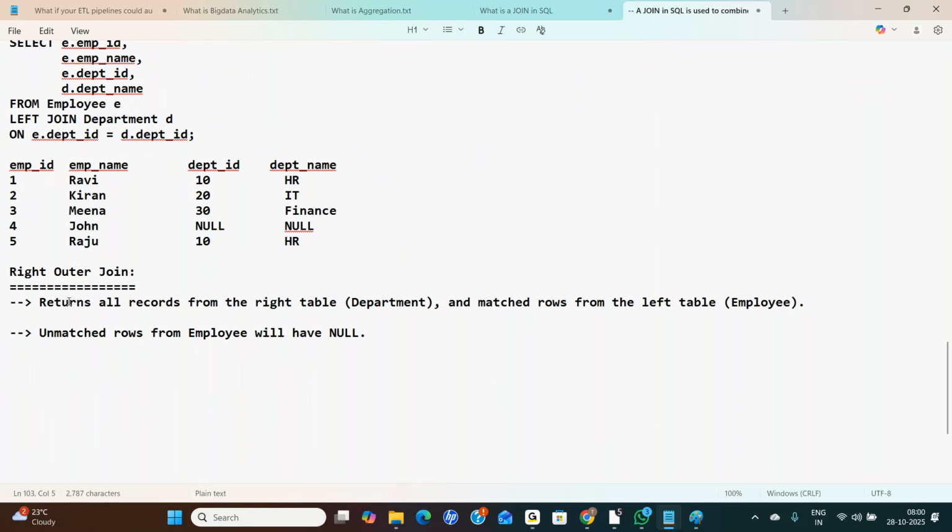Unmatched rows from the left table will have null values. You can simply write left table rather than employee table, and as per this example, in brackets, the left table columns.